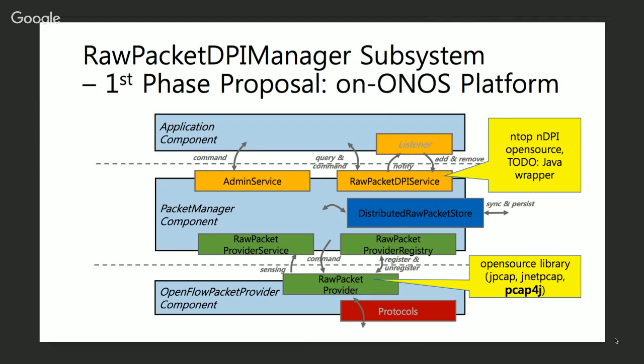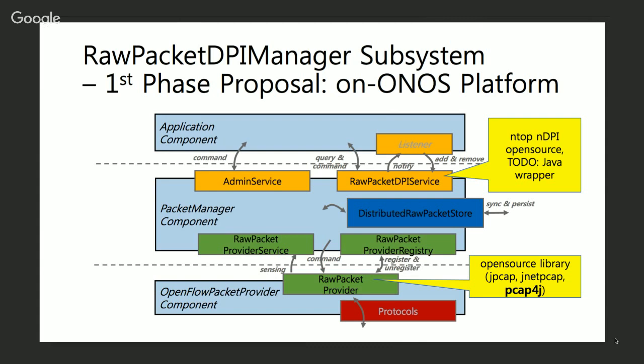Both the packet capturing capabilities and the packet inspection capabilities are based on the available open sources. We are trying to find out different kinds of options. For example, for packet capturing, there are several open source libraries available, many of them PCAP related, mainly because of performance issues.